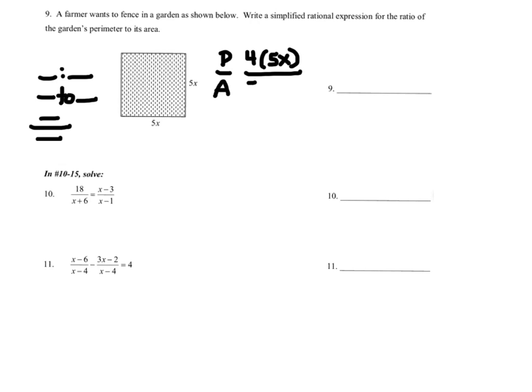The area would be 5x times 5x. This will give me 20x over 25x squared. I know that 5 goes into 20 4 times. I know that 5 goes into 25 5 times. I also know that this factor of x will cancel one of these factors of x, leaving me this as my rational expression.